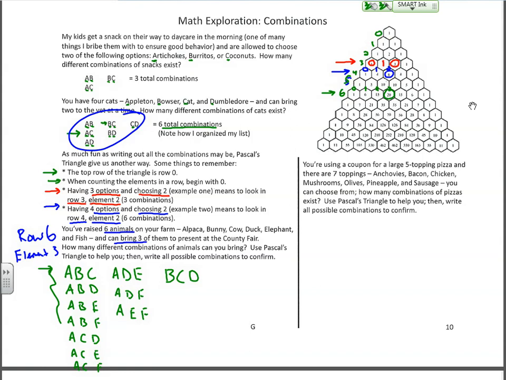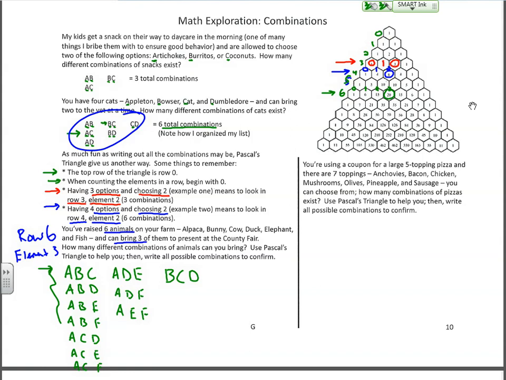So again here, you're looking for the number in Pascal's Triangle that tells you how many combinations there are. Your number of options is your row. Your number of choices is the element. So once you figure out how many combinations you're looking for here, you can start to write them out again in a very logical way, like we did with the previous examples.